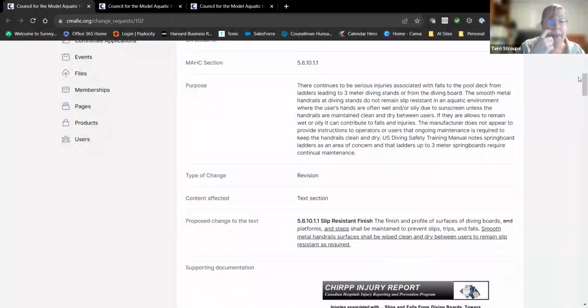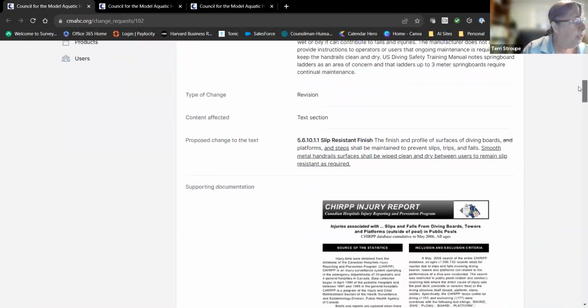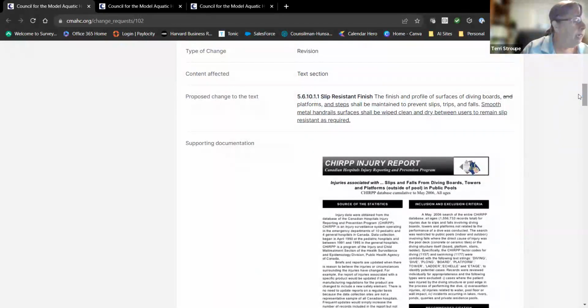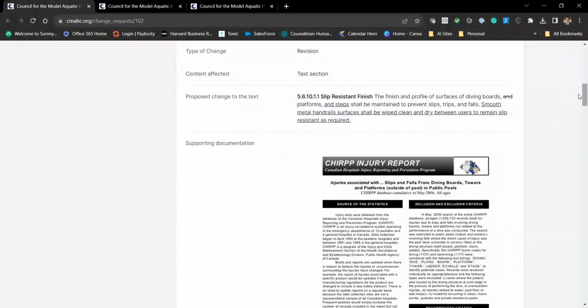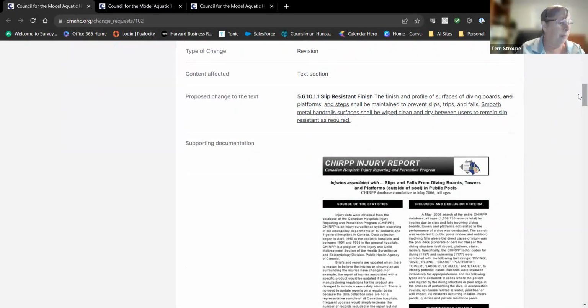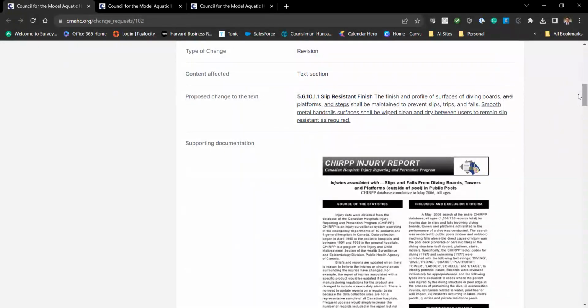Basically they want to require that the handrails be maintained and cleaned and dried between users to maintain the slip resistance of them. Feasible? The TSC said it's not feasible for the operator to clean and dry handrails between each user, is what they stated in their comment. I would agree. And I don't think we could count on users to do it themselves, like if you supplied them with a towel.